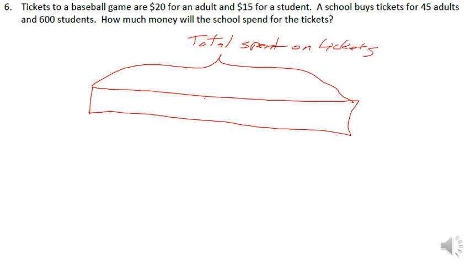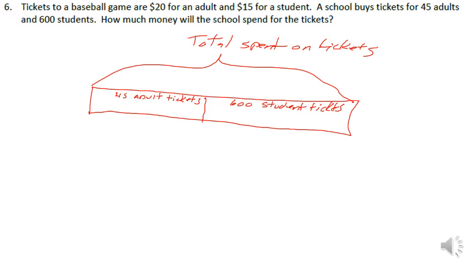Now I'm going to split this here in half because it says they bought 45 adult tickets and they bought 600 student tickets. I know that if you add all that together, you should get the total.